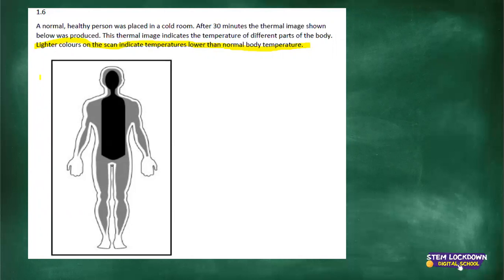Because blood is hot, it's carrying heat energy. If it were to go to the surface, that heat would evaporate outside the body. But because this body is trying to retain as much heat as possible, it will constrict the blood vessels towards the skin, to ensure that the blood keeps on flowing to the internal parts of the body and that no heat is lost.